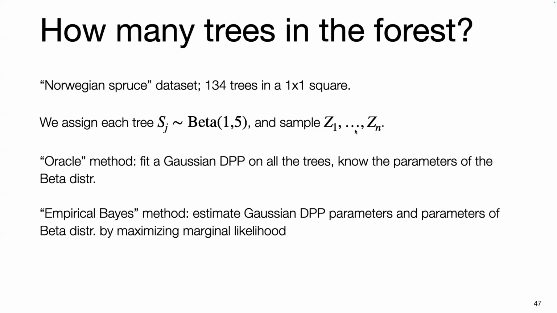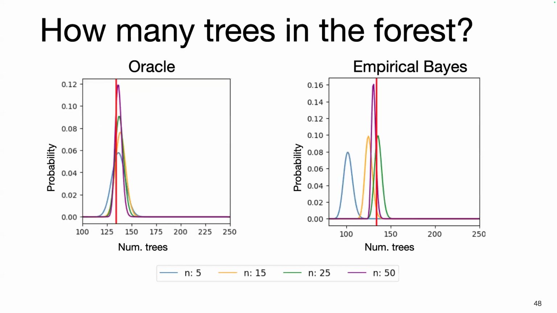We compare an oracle method, where we use the full data set to fit the parameters of a Gaussian DPP and we know the parameters of the beta distribution, with an empirical Bayesian method where we use the marginal log likelihood to estimate all the parameters in the model. As far as the estimation of the number of trees is concerned, the oracle method always gives basically the correct estimation.